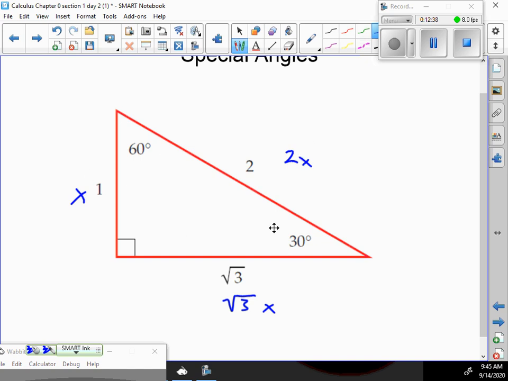We did this in geometry. So each side, if this one is 1, this one is 2, this one's square root of 3. If this side was 2, then this would be 2 square roots of 3, and this would be 2 times 2, which is 4.